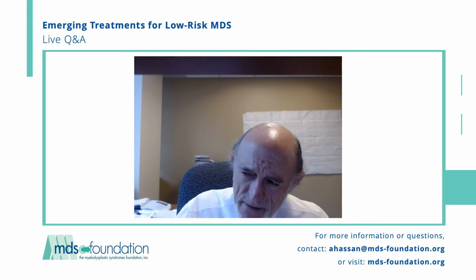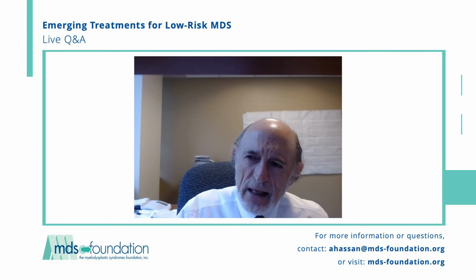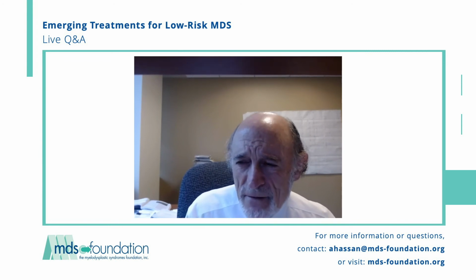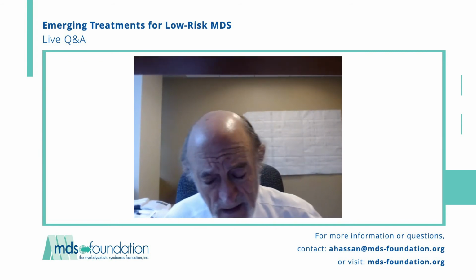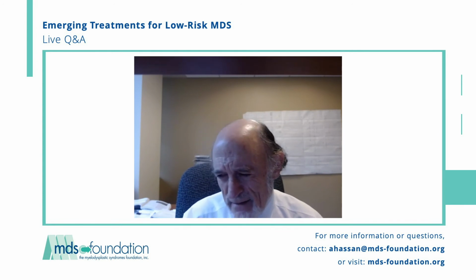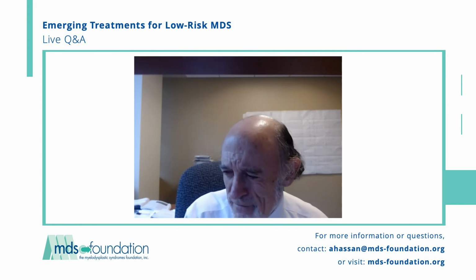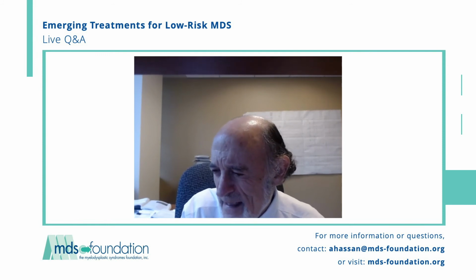When one uses Luspatercept, there's about a 40% chance that one is going to respond, even though the erythropoietin level is greater than 500. There are ongoing studies around this, but from the initial trials, they saw some of this happening.